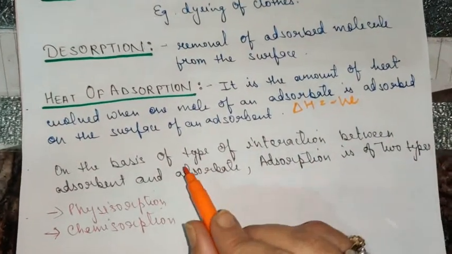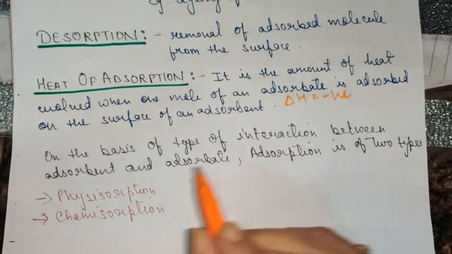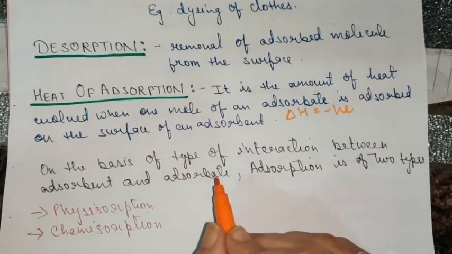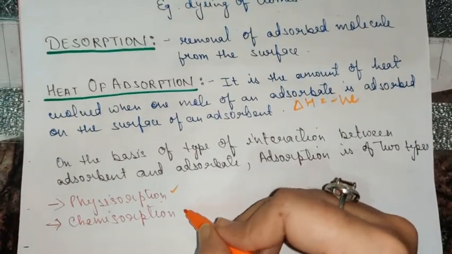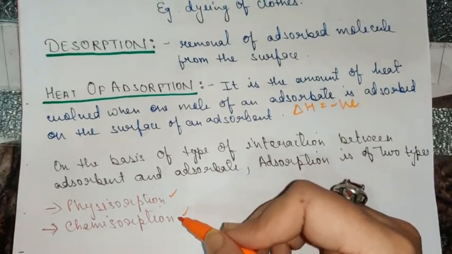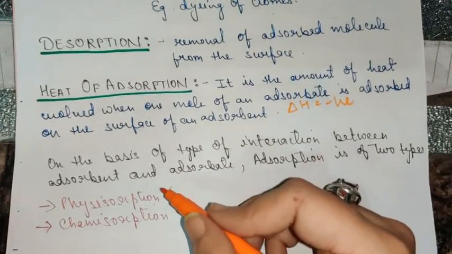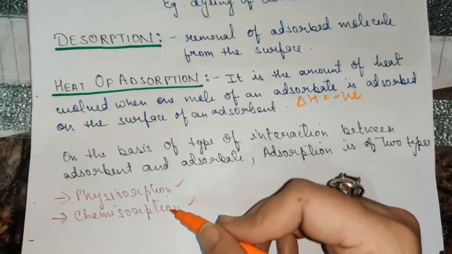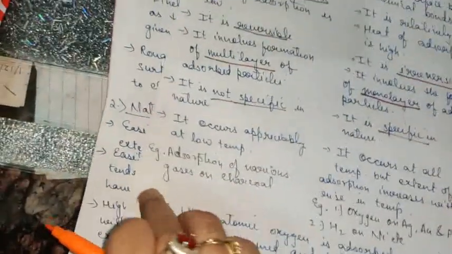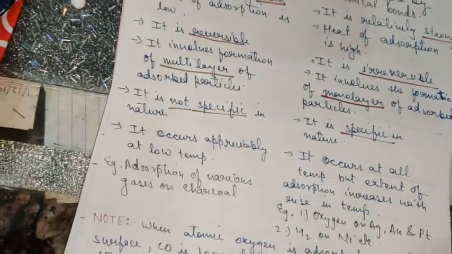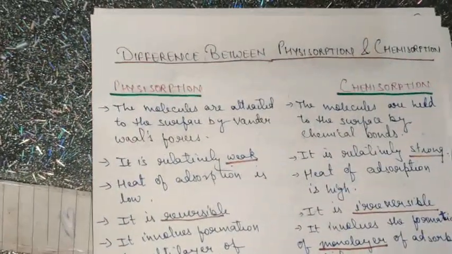On the basis of the type of interaction between adsorbent and adsorbate, adsorption is of two types: physisorption and chemisorption. Very important terms for your board. You get the difference between physisorption and chemisorption most of the times in your board examination. Now let us see what is the difference between the two.